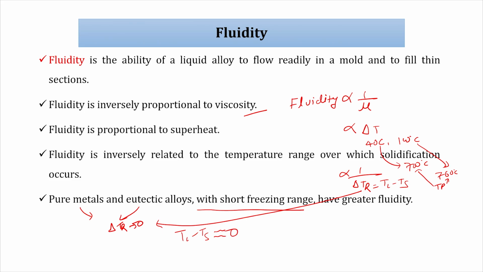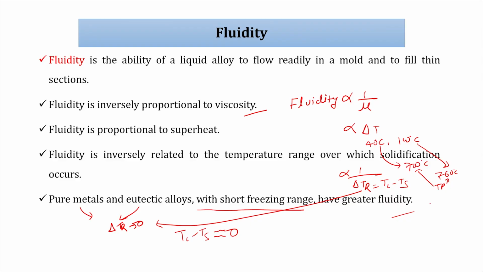In this case TL and Ts are mostly the same, so del Tr is going to be 0. A long freezing range alloy has lower fluidity than pure material or eutectic alloy.